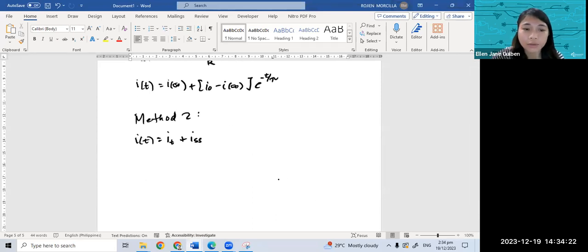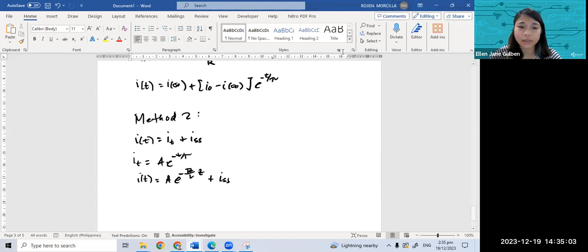The transient response is e to the negative t over tau, or e to the negative R over L t. This one is I transient, plus I steady state. So this is how we do it.